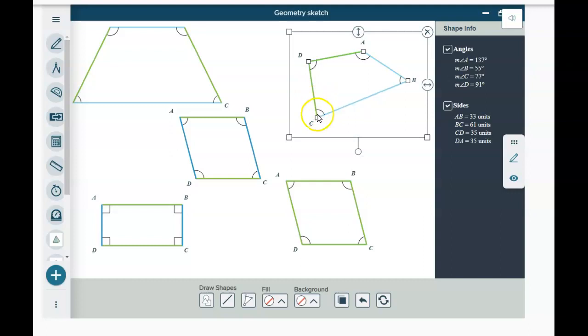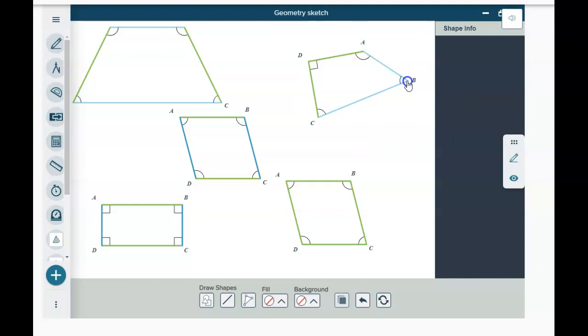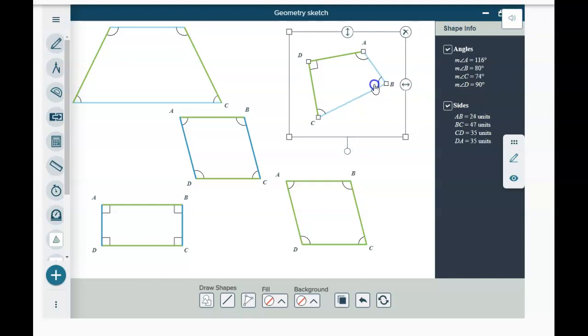Okay. Oh, still need to get that to be a right angle. There we go. Let's see here. AB and BC have to be the same length.